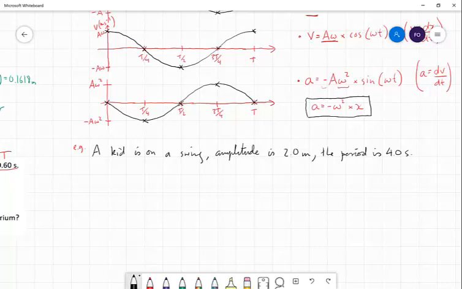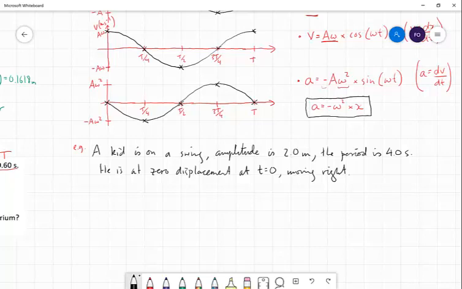And he starts at 0 displacement, so he is at 0 displacement at t equals 0, and he's moving right. So this is a lot like the pendulum that we just used as our example to show these ideas.